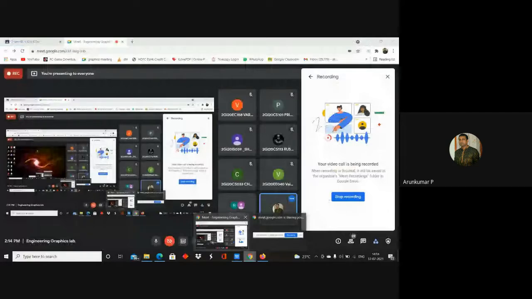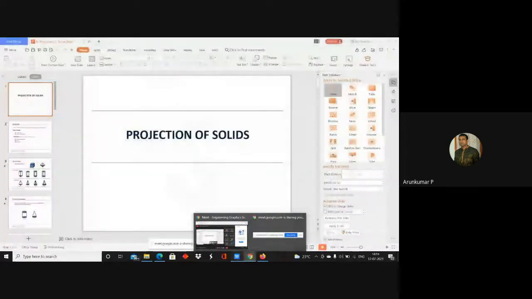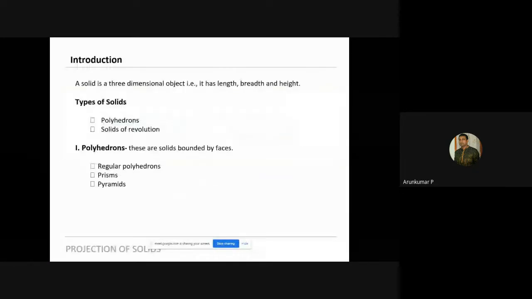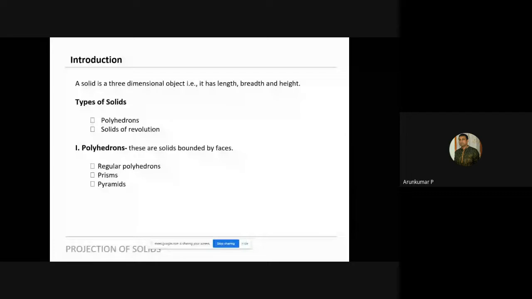Okay. So in projection of solids, what you have to do is take into account these different types of solids. Basically, the solids would be prisms and pyramids.